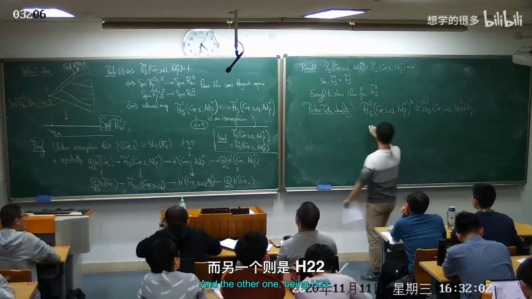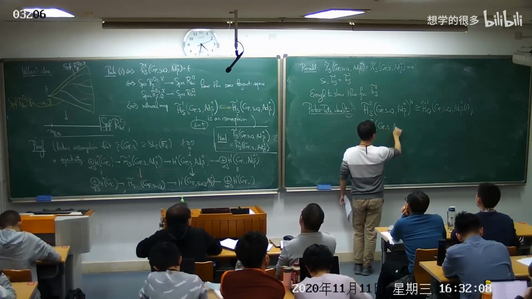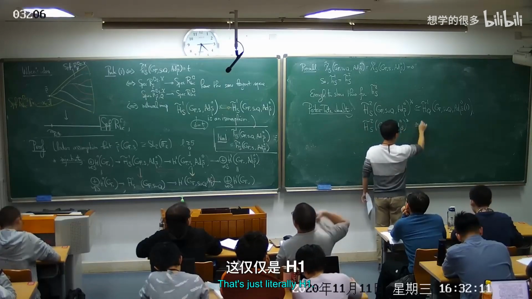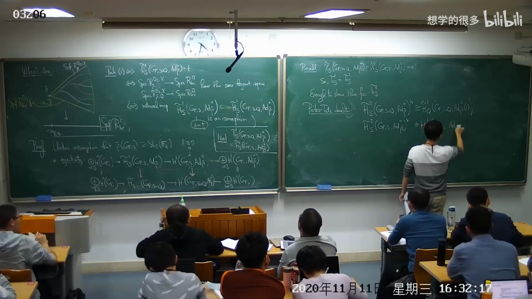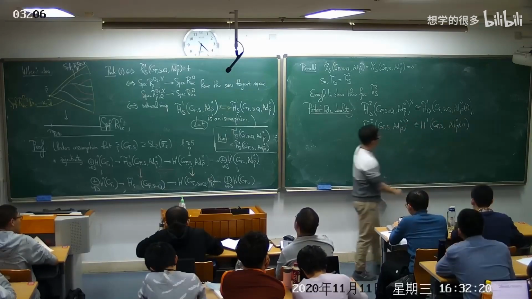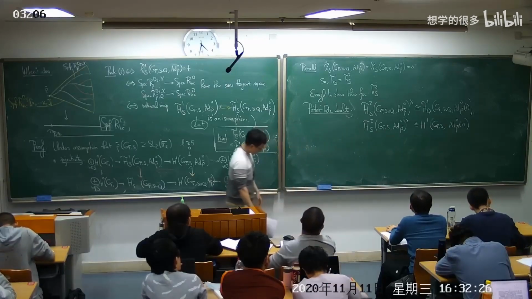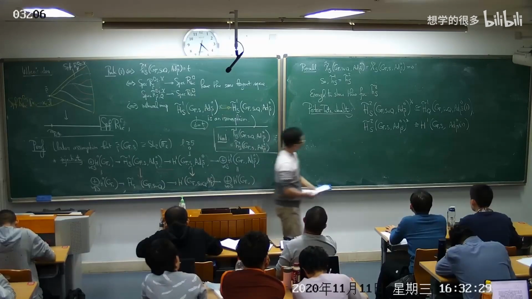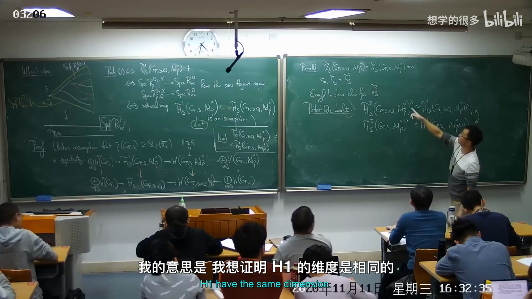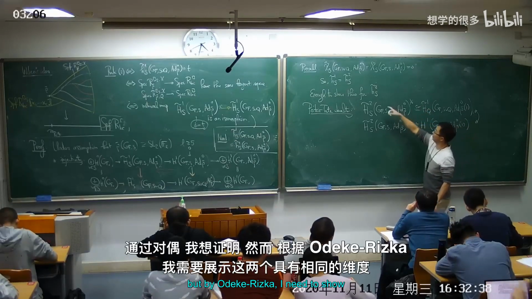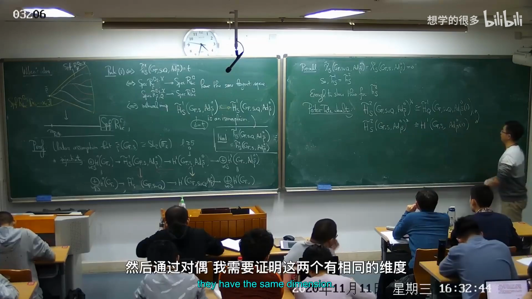And the other one, H tilde 2 S, is just literally H1, because this is the same thing: you're doing S relative to all the sets of S here. So originally I want to show H1 have the same dimension, but by Euler characteristic I need to show these two have the same dimension, and then by duality I need to show they have the same dimension.